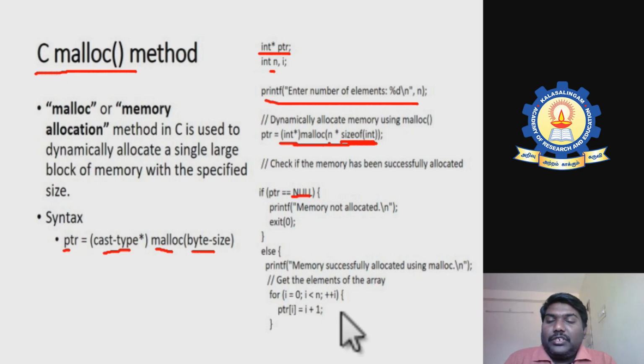You can use scanf statements, or the similar way I have written here, where i plus 1 is assigned to the location i. So for 0 to n we have some locations, and these locations are assigned these values. And the important thing here is that it is a single large location. I will give the difference later.